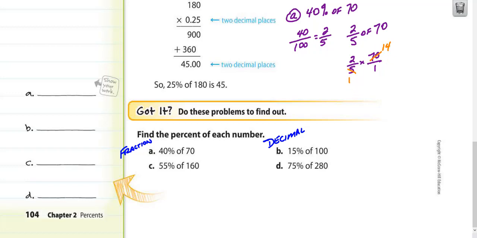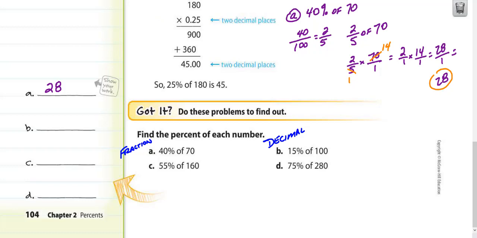So that means we have 2 over 1 times 14 over 1, which is 28 over 1, which is 28. So your answer to A should have been 28.